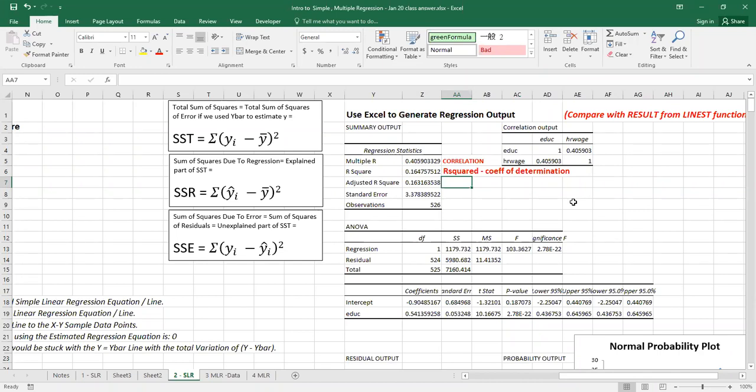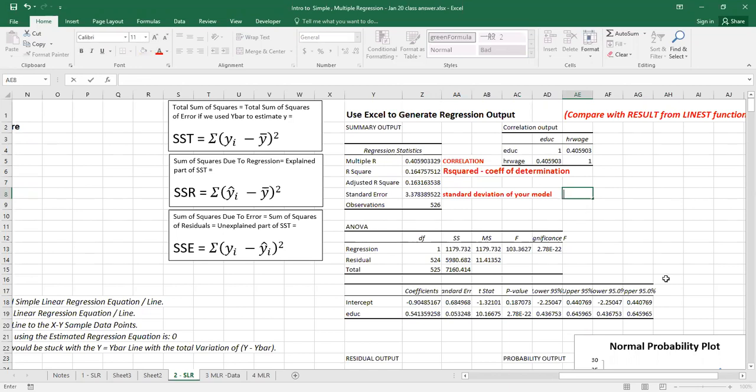Okay? Standard error is just like the standard deviation of your model. It is how far away your model is from the real value. And this is equal to, this is where we get it, guys. It's from here.